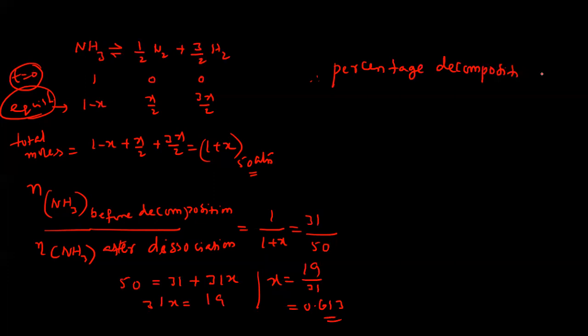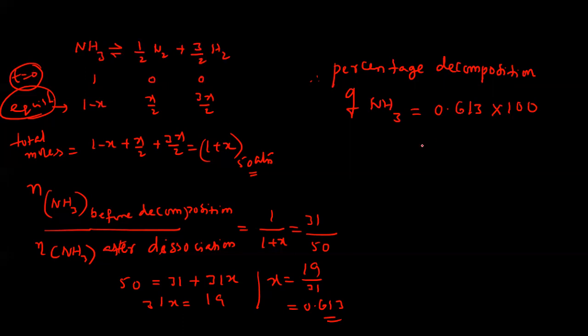Percentage decomposition of NH3 is 0.613, what we have got as the x value, into 100. So the x is nothing but the degree of dissociation, or percentage decomposition.